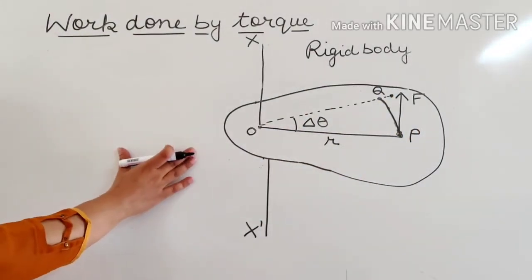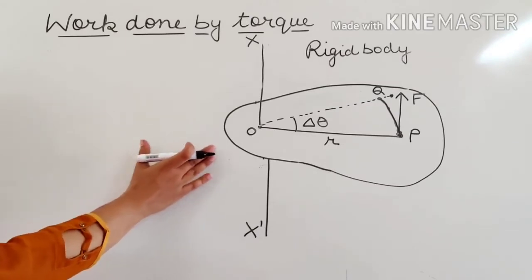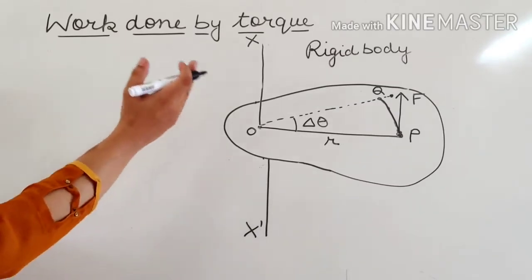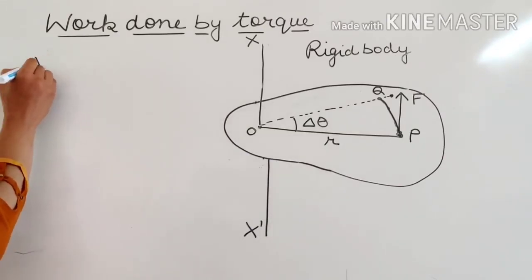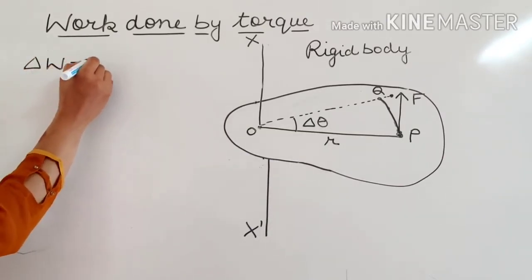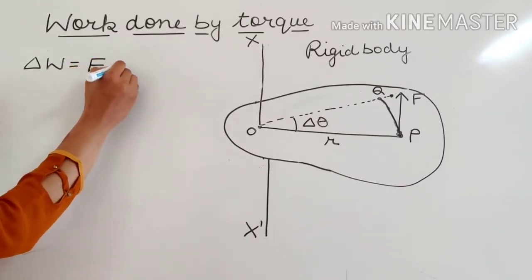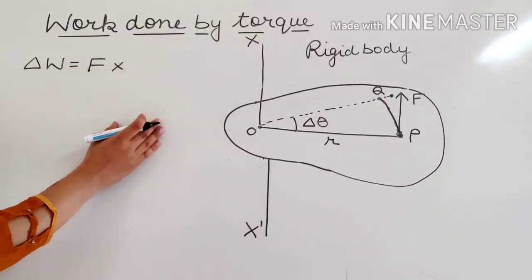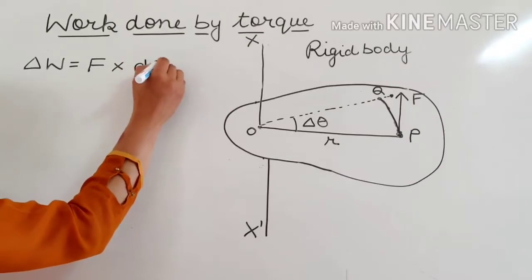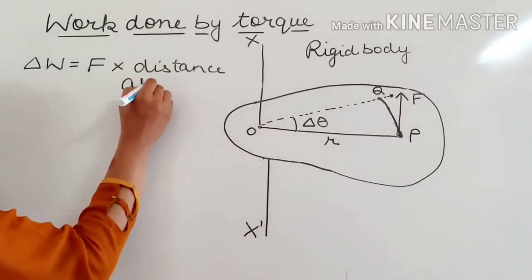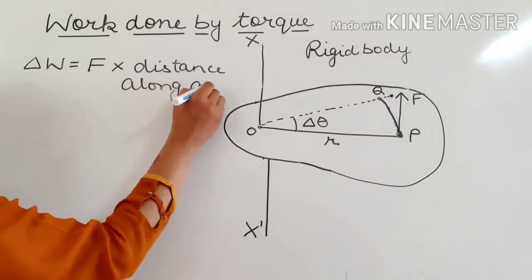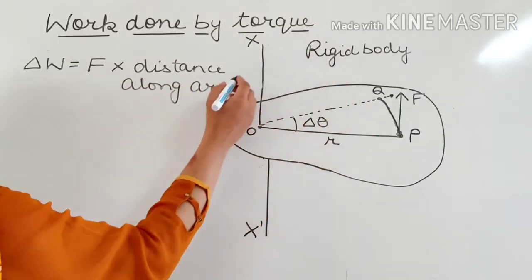The work done in the rotational motion of the body, or the work done by the torque, delta W is equal to force multiplied by distance along the arc PQ.